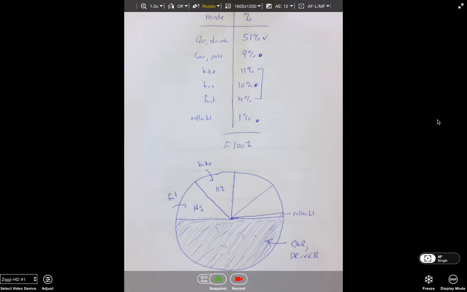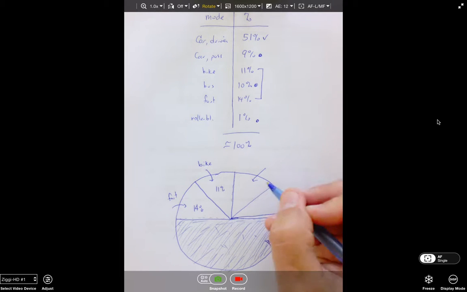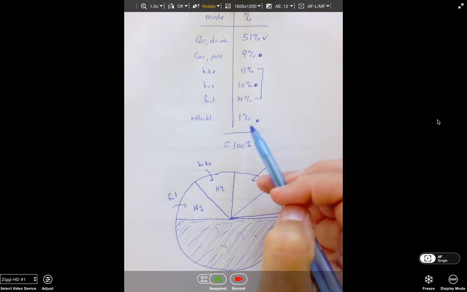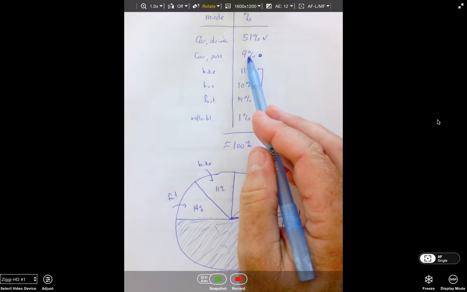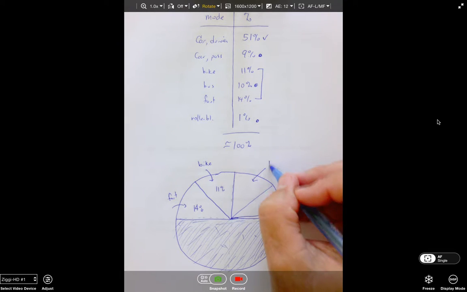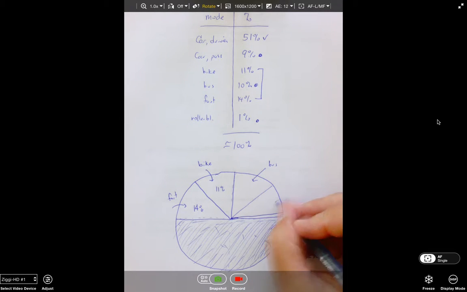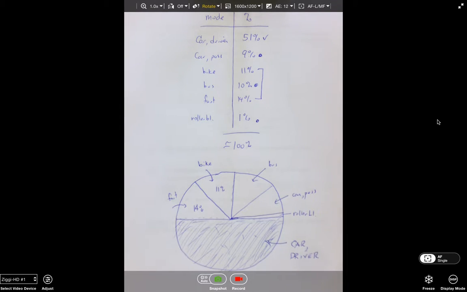So come in and kind of cheat there. I'm sorry, that's not right. Is it the 10% and 9%? So we call this bus. And that car passenger. Now these things look a lot better when you do them on the computer and they have fancy colors and all that stuff.